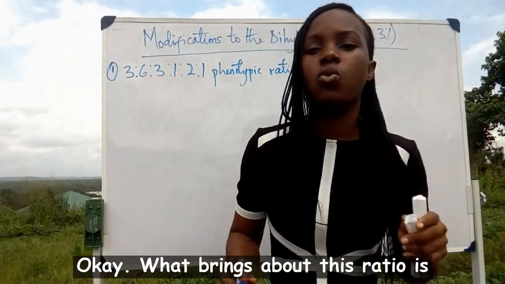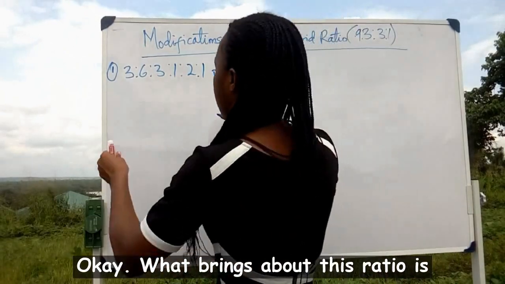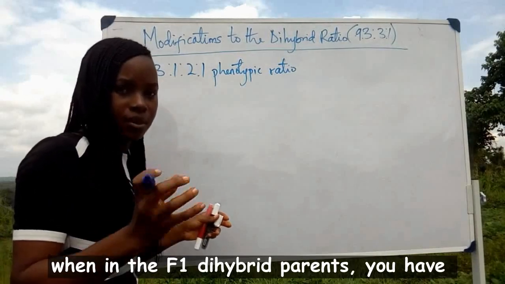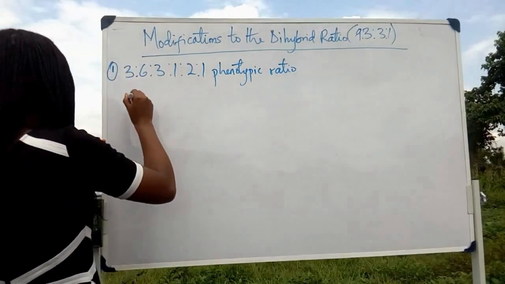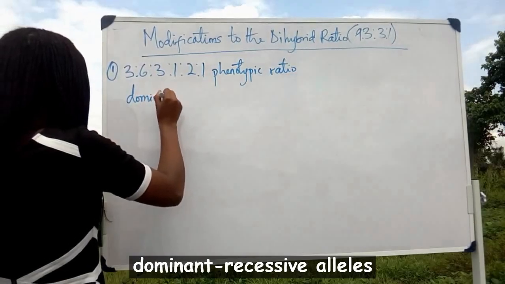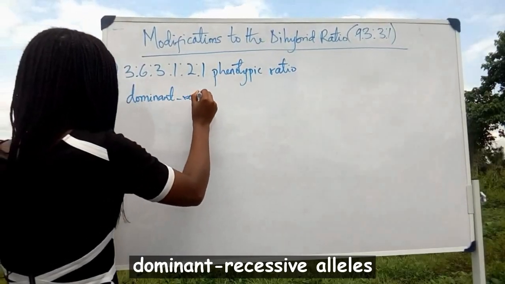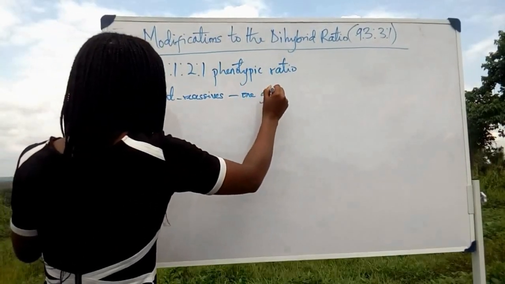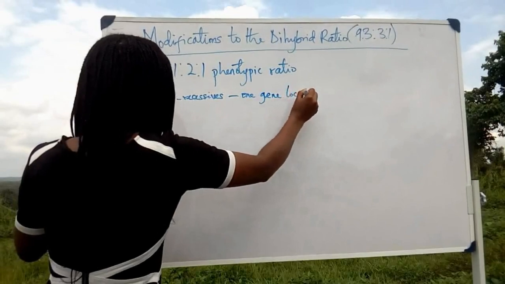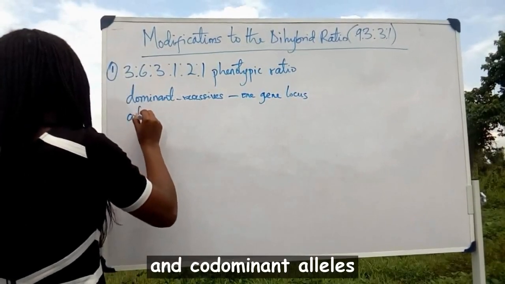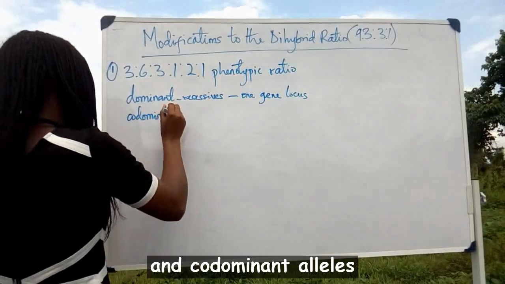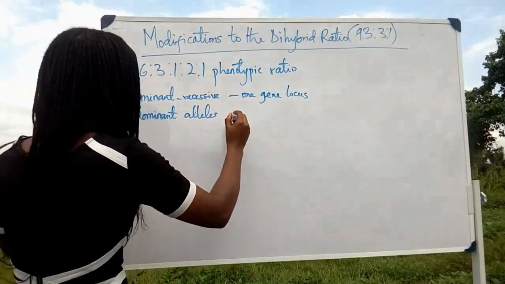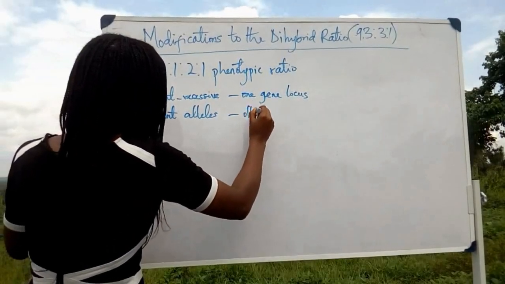Okay, for this ratio, what brings about this ratio is, when in the F1 dihybrids in the parent, you have dominant recessive alleles in one gene locus and codominant alleles in the second gene locus.